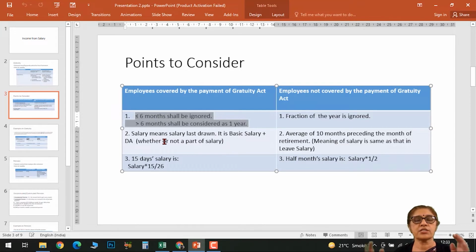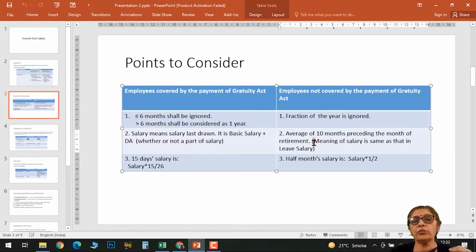The second point of difference is in understanding the meaning of the term salary. For gratuity, for employees not covered under the Gratuity Act, the meaning of the term salary is the same as what we did in leave salary. That is basic, always, DA conditional and commission conditional.